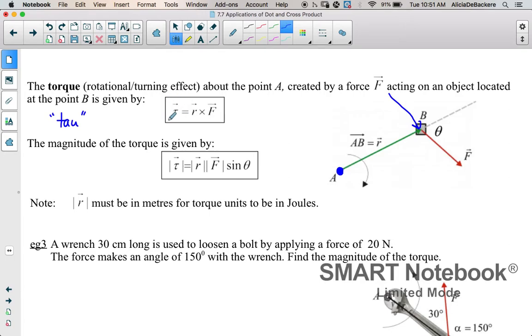The torque is equal to the distance between the point where I'm turning and the point where I'm applying the force, crossed with the force vector itself. I can find the magnitude of torque using the formula for the magnitude of the cross product: the magnitude of each of those vectors times the sine of the angle between the tails.